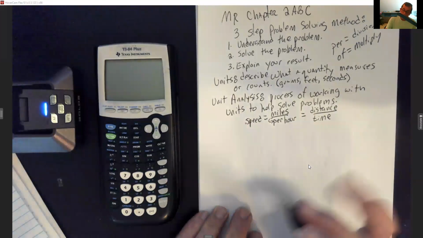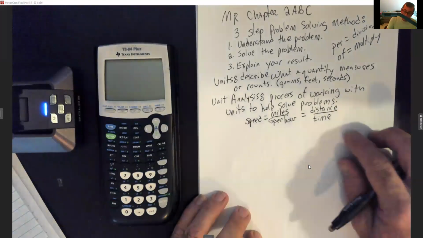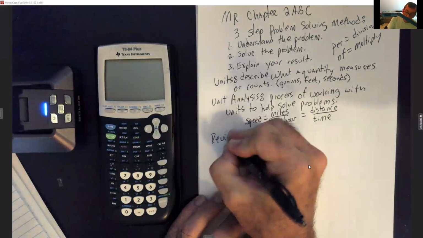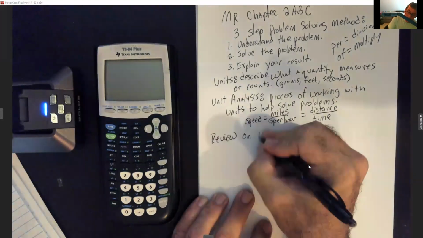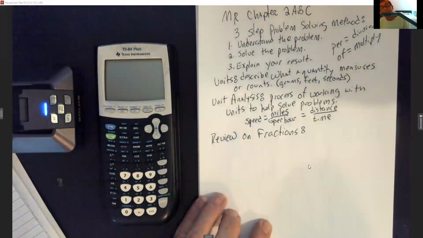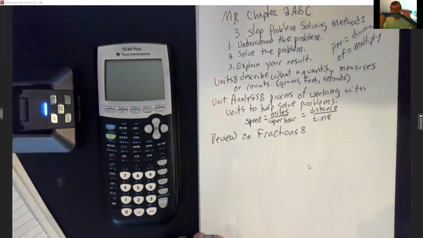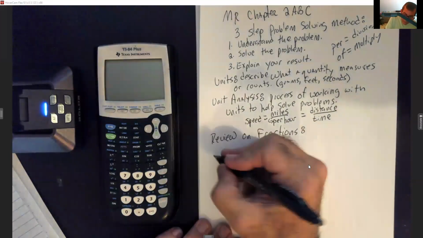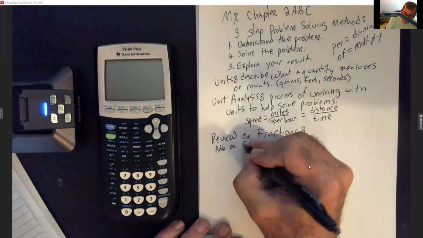Okay, so what we're going to do at this point, we're going to do a little review on fractions. Because some of these formulas I'm about to use later on deal with fractions, and you got to know how to sort of work with them, okay? So first we will add or subtract.